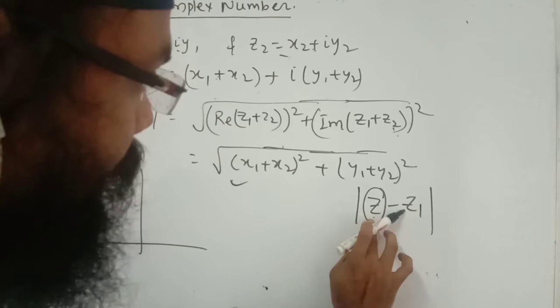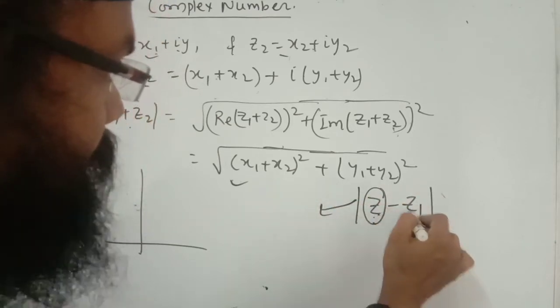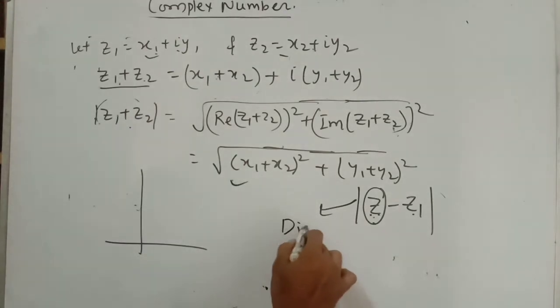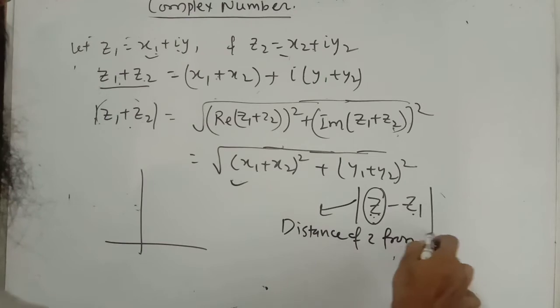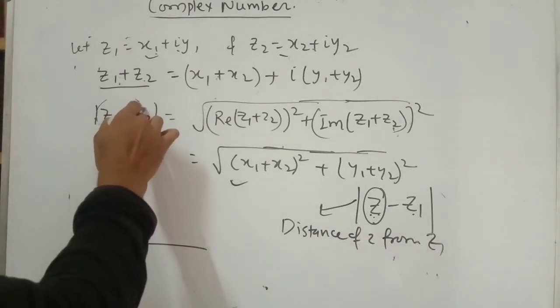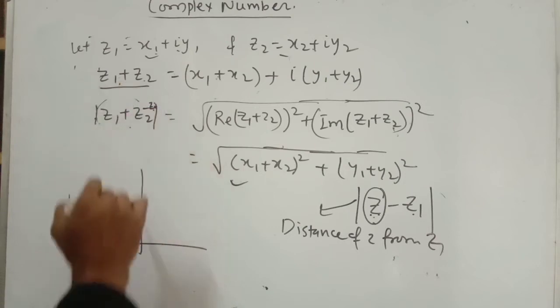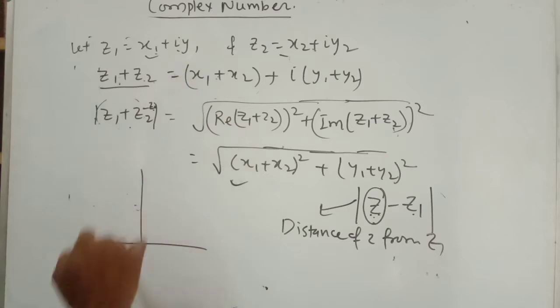Here you can assume z0, where z0 is the origin, so that means the distance of z1 plus z2 from the origin.